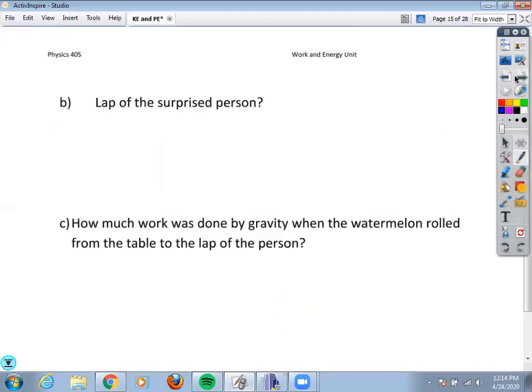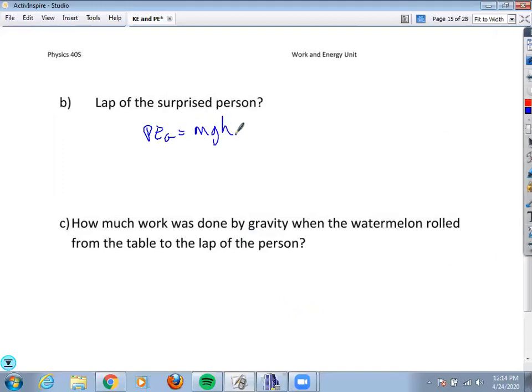How about on the lap of the surprised person? It's simply PEG equals mgh. So we've got 2.5 times 9.8, and the person's lap is 65 centimeters above the ground, 0.65 meters.